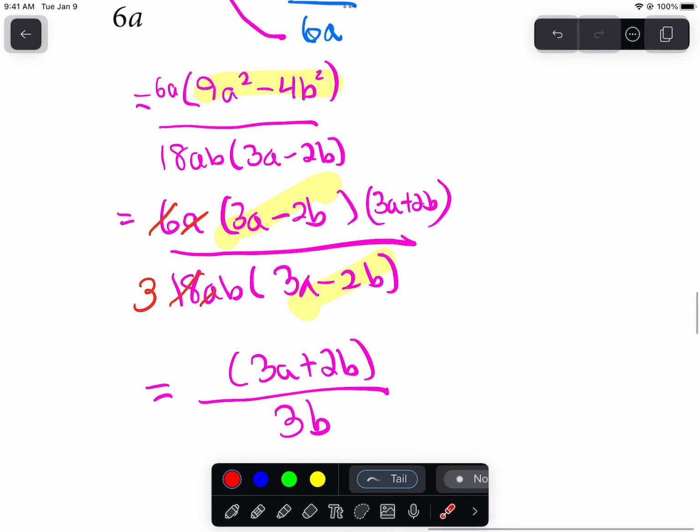So 3a squared minus 4b becomes 3a minus 2b and 3a plus 2b, and the 3a minus 2b's cancel then. 6 went into 18 3 times, the a's cancel. So we're only left with a 3b in the bottom and a 3a plus 2b in the top. You can only cancel perfect matching factors in top and bottom.